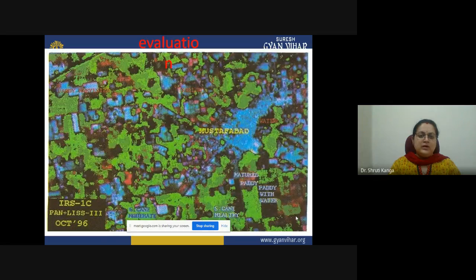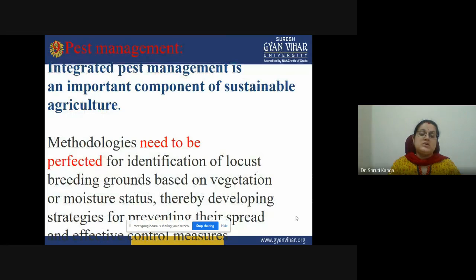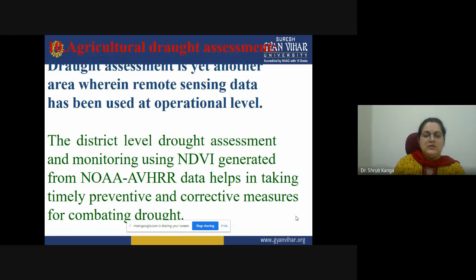Then we have the next application, that is pest management, because on the basis of different reflectance values, we can have an idea about different kinds of infections, where pest infection is one of the causes of loss of different crops. So we can go for those kinds of management activities.